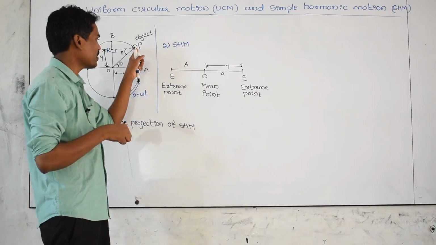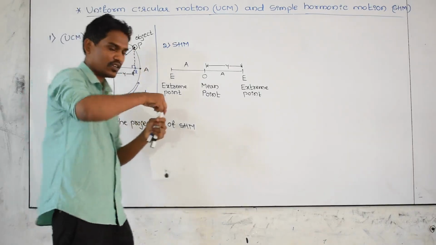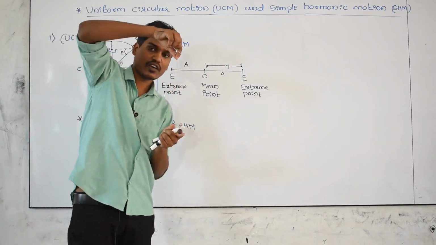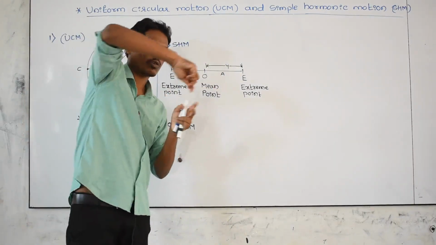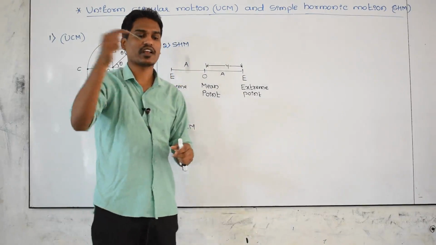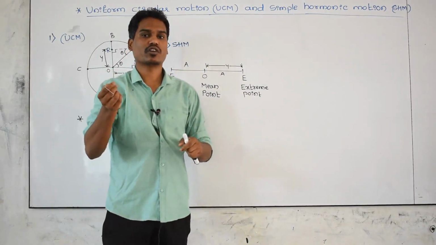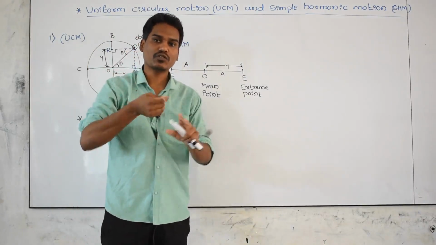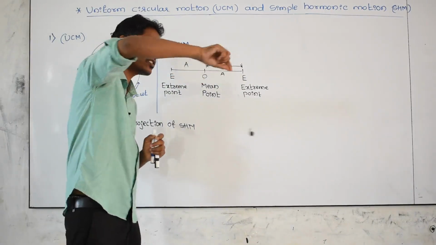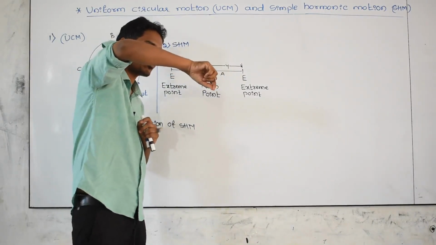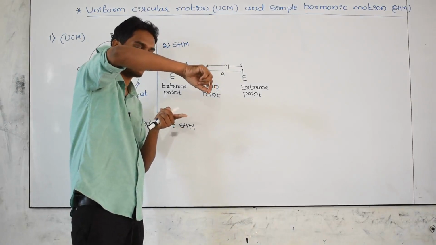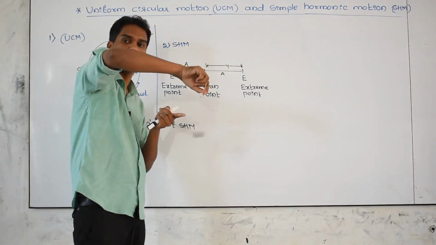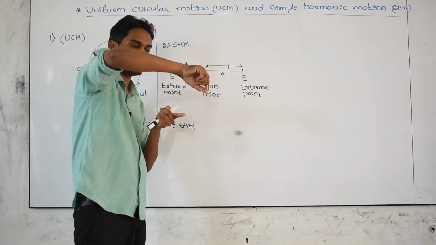This is the object at point P. I am rotating it here. In circular motion the body rotates like this, or you can rotate like this. This is a uniform circular motion because the body is moving in a circular path.